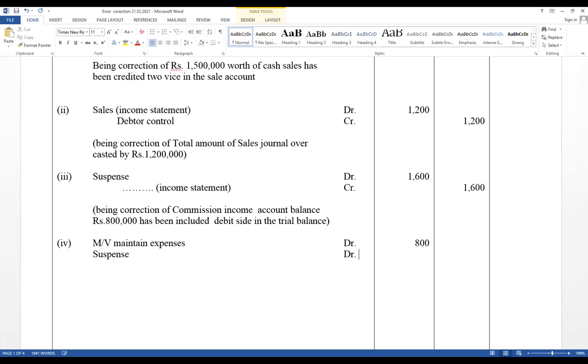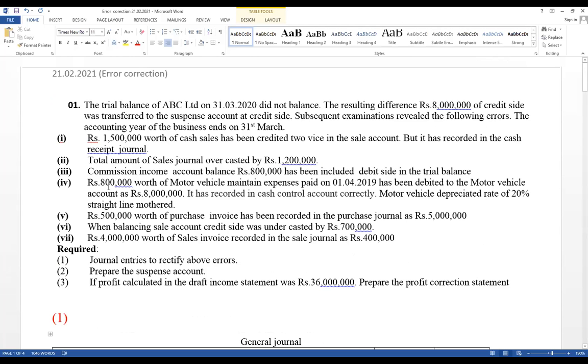It has debited the motor vehicle account, therefore motor vehicle account credit 8,000. Think about maintenance expense 800,000 erroneously debited to the motor vehicle account. Therefore, the motor vehicle account should be credited, the maintenance expense account debited, and the difference value suspense account debited. And think about the depreciation effect also. There are two entries. Read carefully.